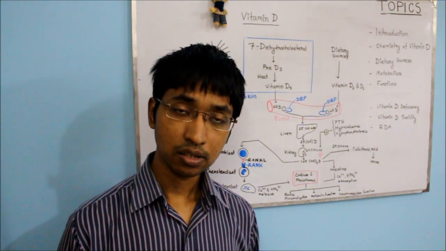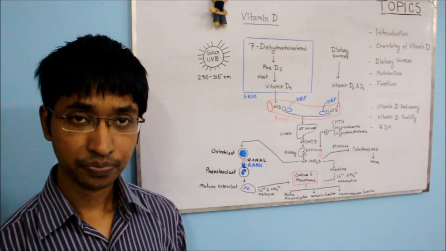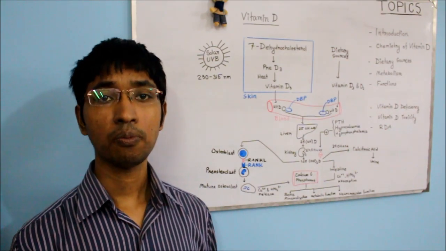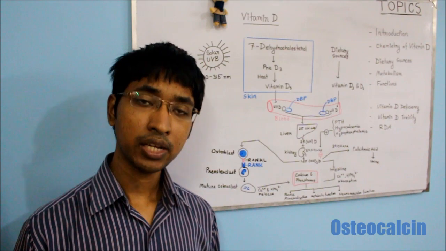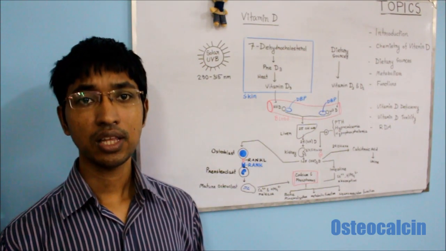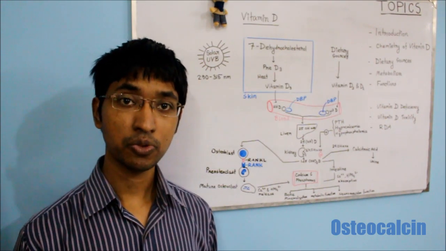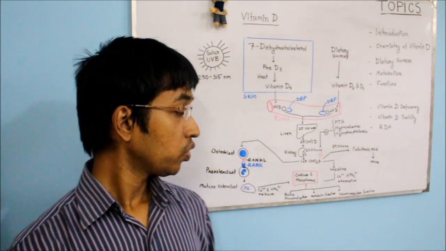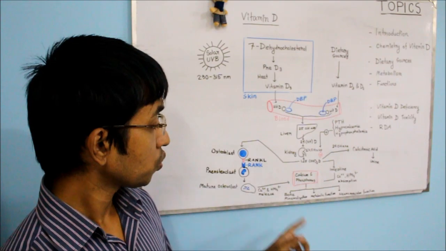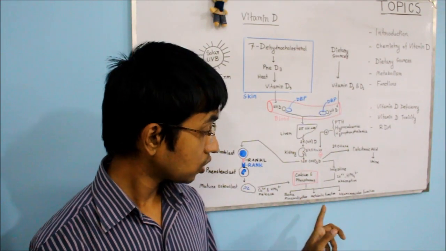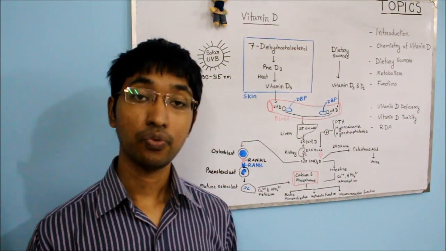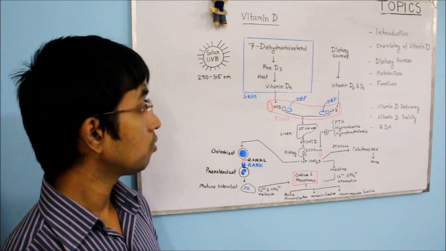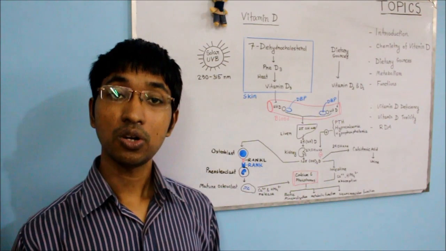And the thing is, activated vitamin D induces synthesis of osteocalcin, and that is a protein that helps in calcium deposition in the bones. And also remember that vitamin D will also have a role in metabolic function and neuromuscular function as well. So this was in short about the metabolism of vitamin D, and now we will talk about its functions.